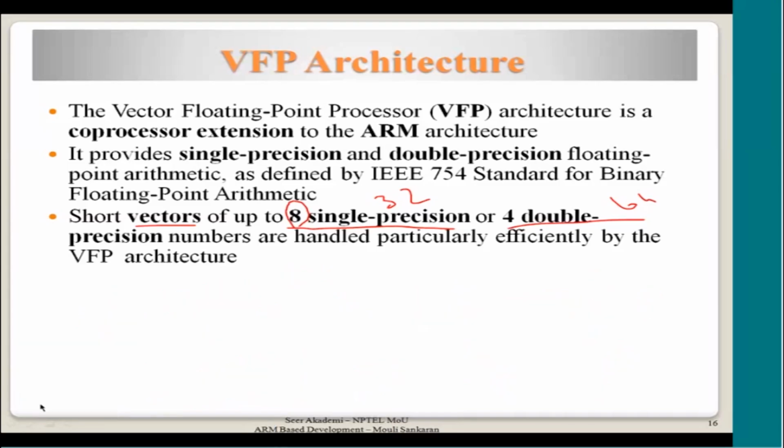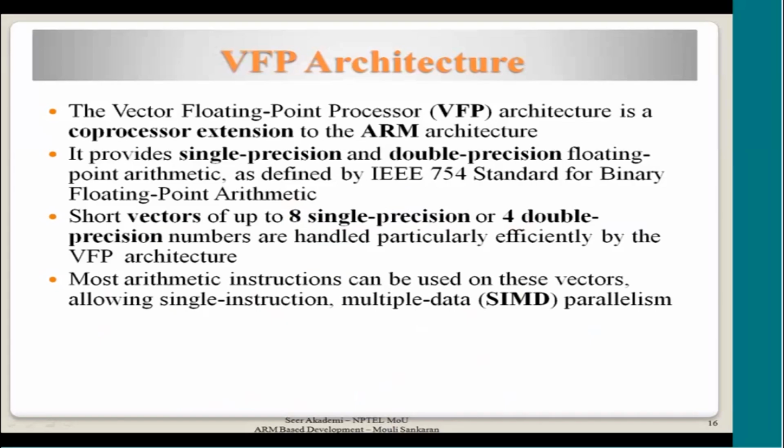Most arithmetic instructions can be used on these vectors, allowing both single instruction as well as SIMD parallelism. It's essentially a single instruction operating on multiple data, so the vector of data.